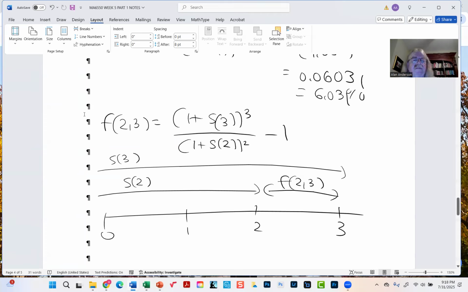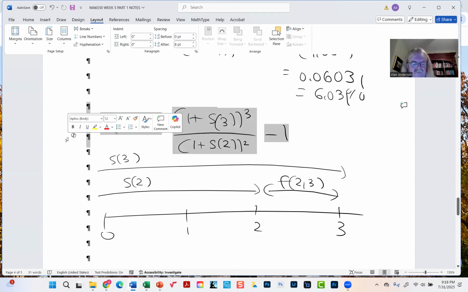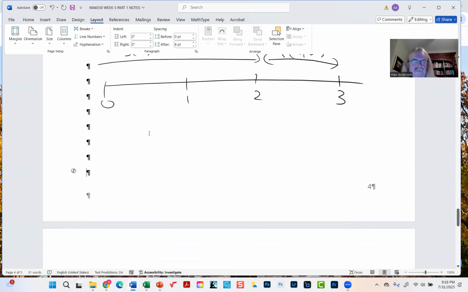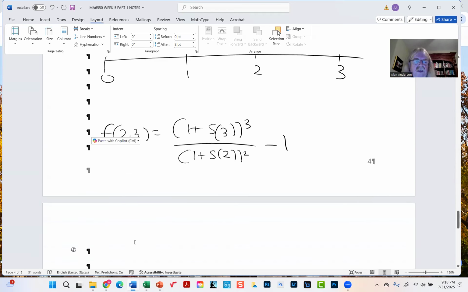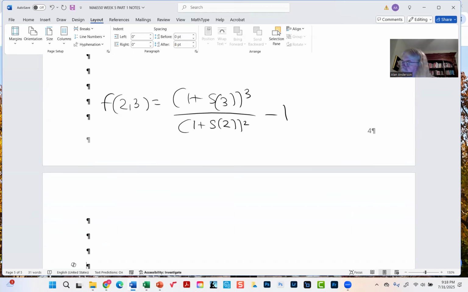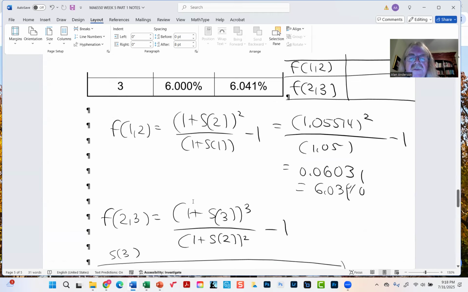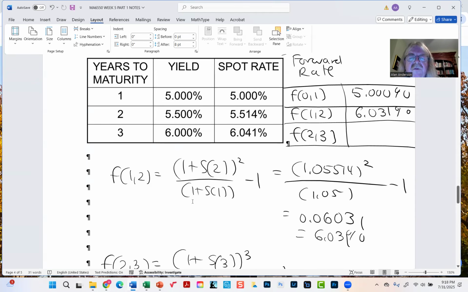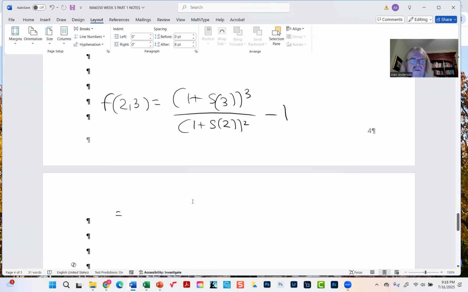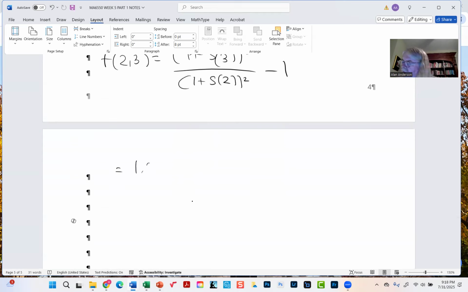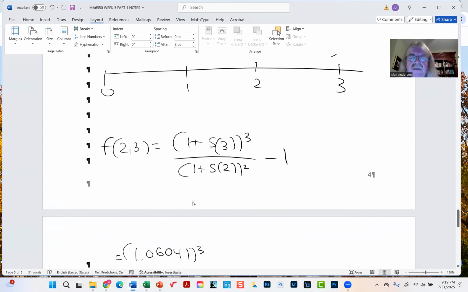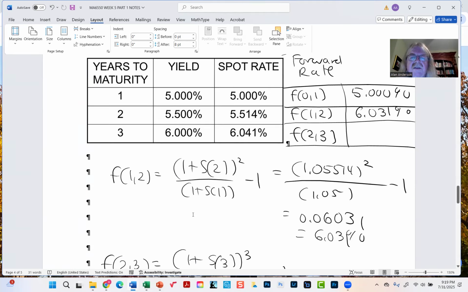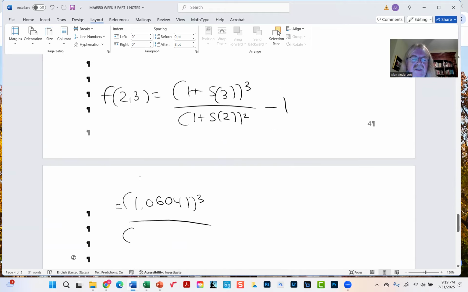So when we plug these in, we'll get, so S3 is from the other day, 6.041, and S2 is 5.514.